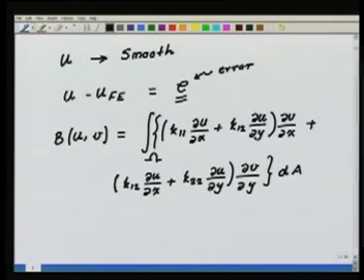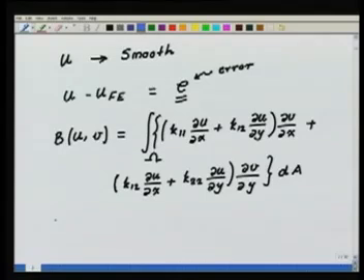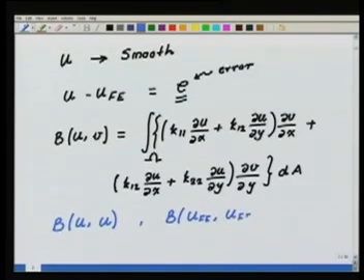Okay. So we are defining this bilinear form, if you remember what we had done earlier, in terms of this quantity, which is nothing but the left hand side of our weak formulation. Then I can define B(U,U). Similarly, I can define B(U_FE, U_FE). Okay.